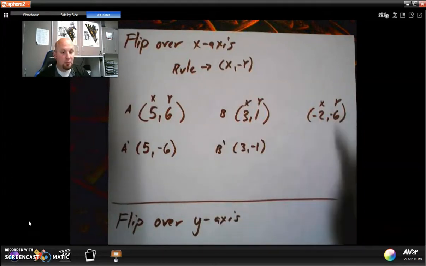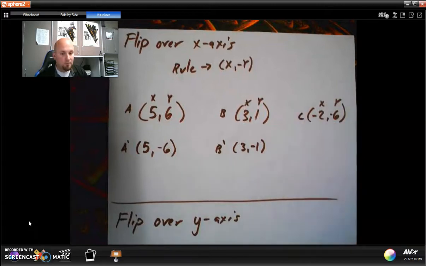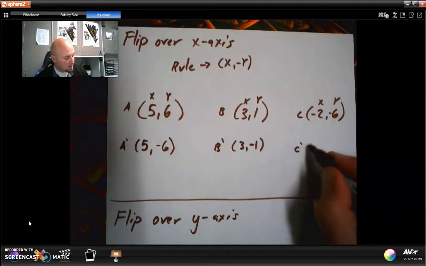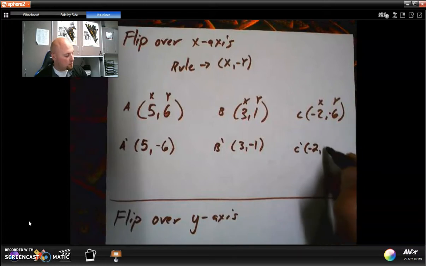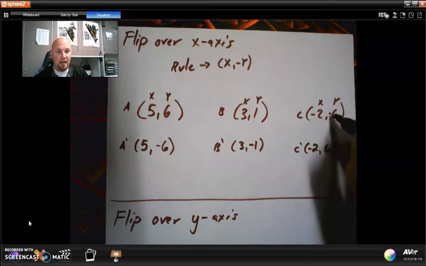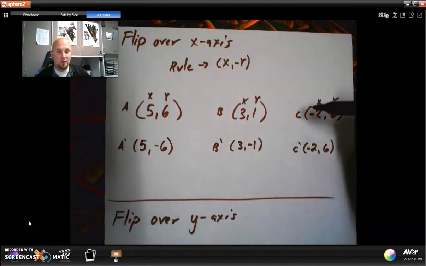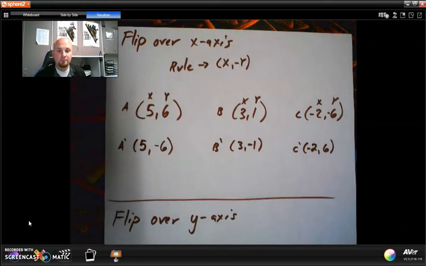Okay, let's say I have the point -2, -6. Well, there's my x, y, this is point C. If I flip it over the x-axis, the x's will stay the same, but the y's will become the opposite. In this case, a negative becomes a positive. So these are the three new points. If I flip this over the x-axis, these are the new points that it would land on.